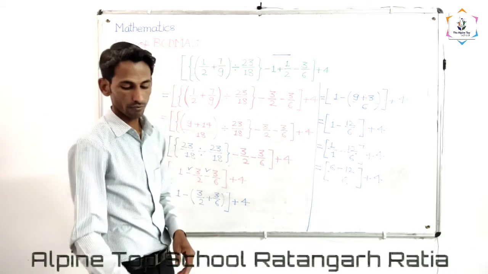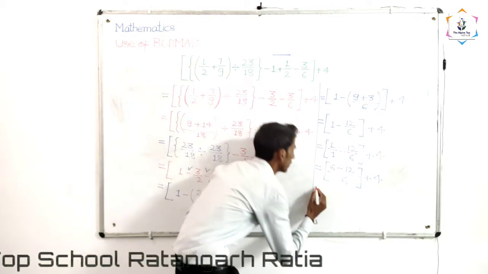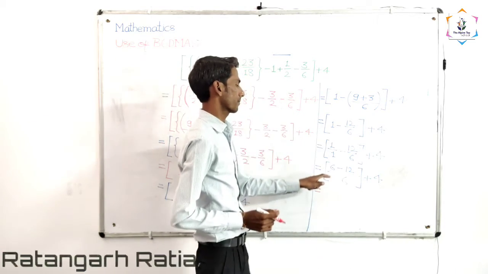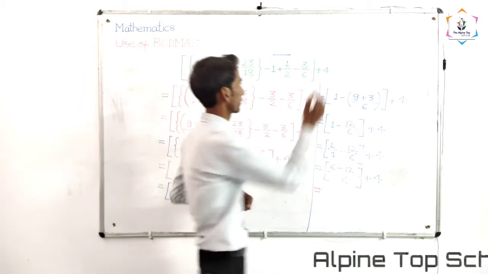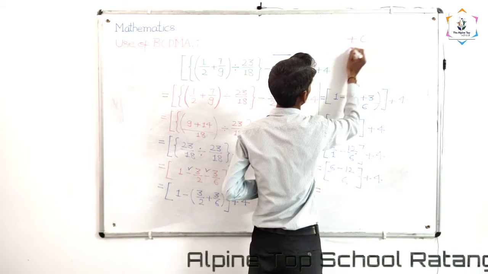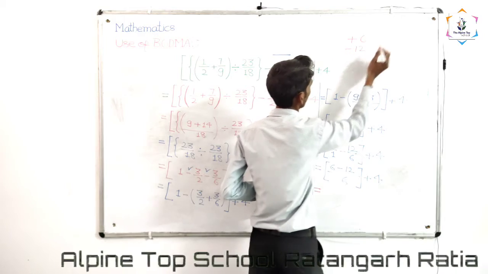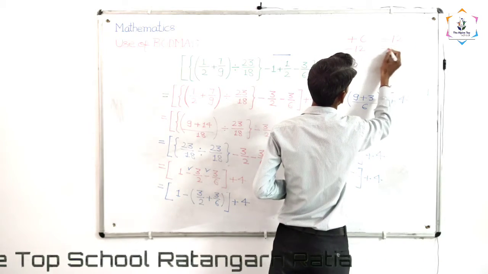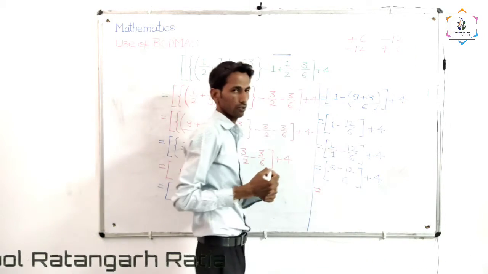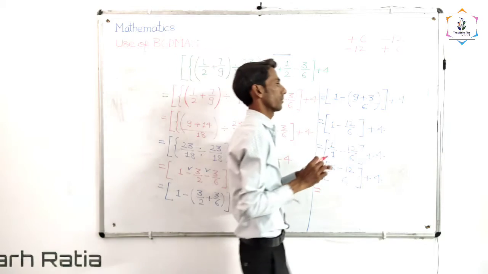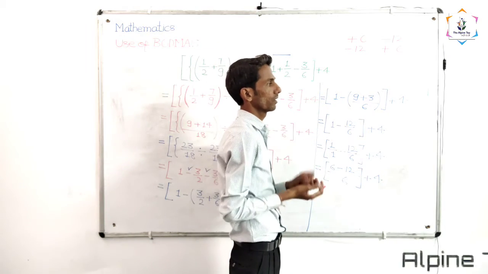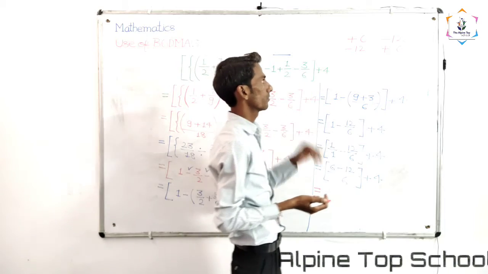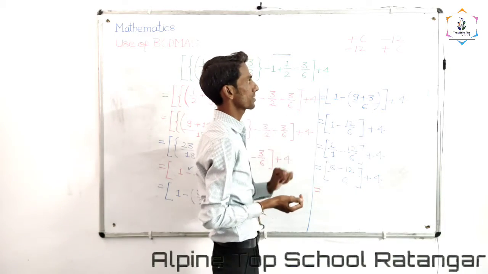Now dear students, final calculation we are going to do. Plus 6 minus 12. We need to calculate it. Plus 6 minus 12. You may write it like that, minus 12 plus 6. How can we do it? Whenever we want to sort out, it means we want to add or subtract, but here we are going to use the addition strategy.